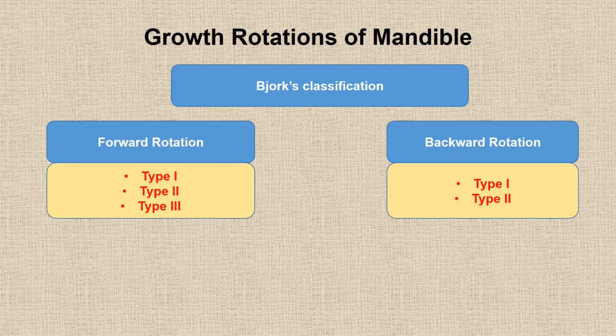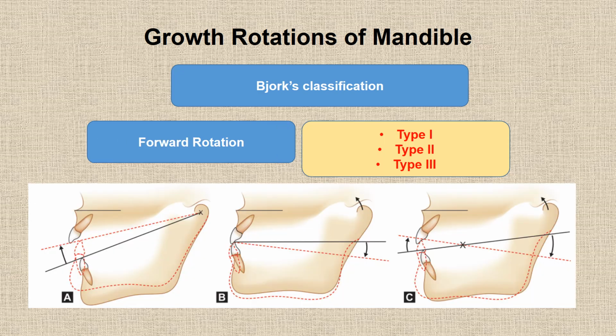Now, growth rotations of the mandible have a few classifications. The original classification by Bjork classified it into forward rotation and backward rotation. The forward rotation is further classified into type 1, type 2, and type 3. Backward rotation has two types. In forward rotation type 1, the fulcrum of rotation is in the condyle.